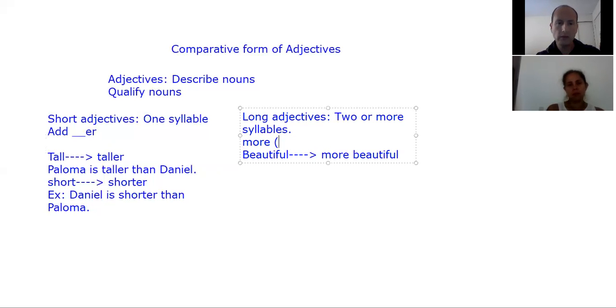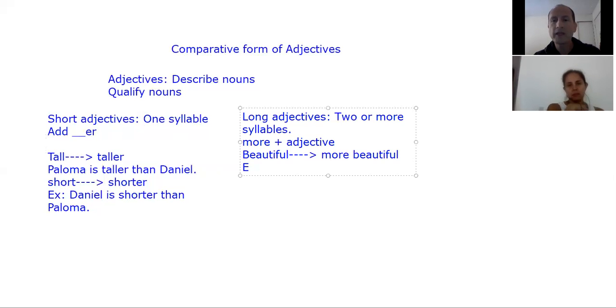Algunos de 2 sílabas, some of two syllables, may go in this rule. Pueden venir en esta regla, pero ya vamos a ver unos ejemplos posteriores, okay?